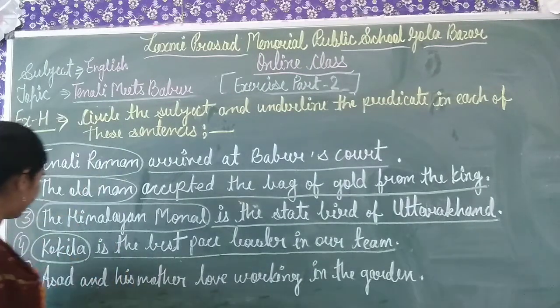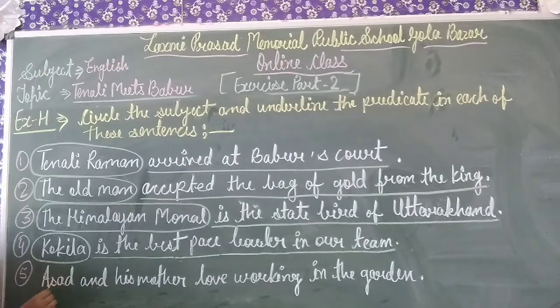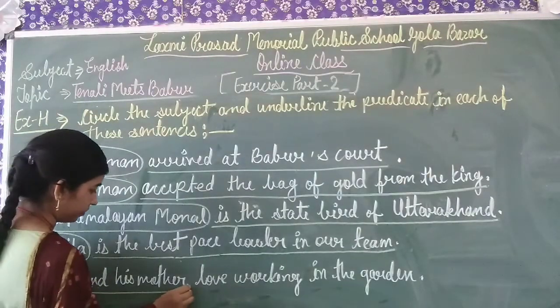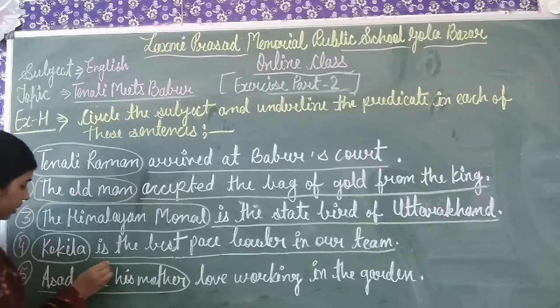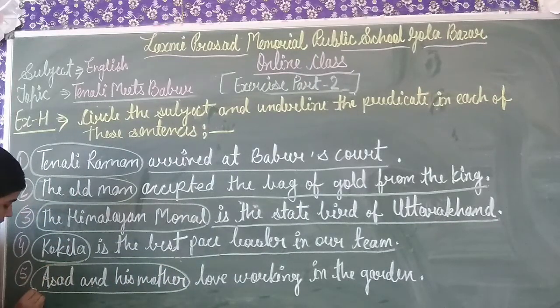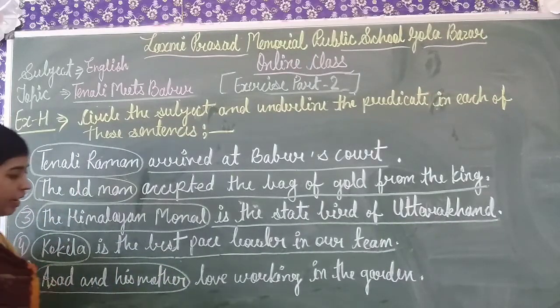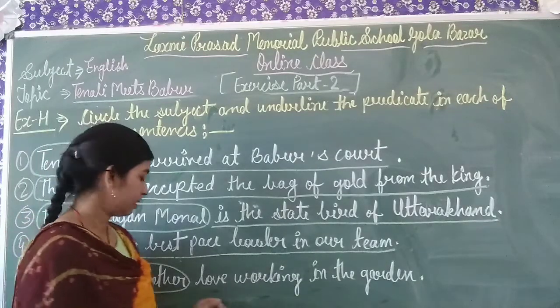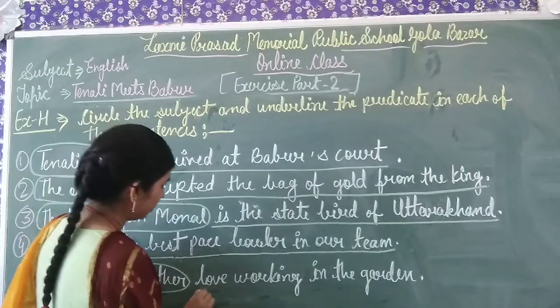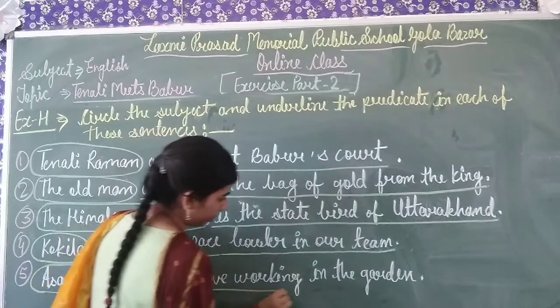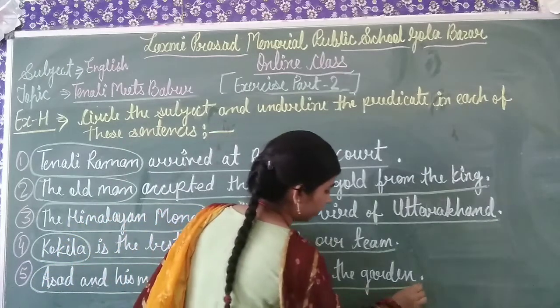So here Asif and his mother is subject. So you have to circle these words, and the remaining part, that is love working in the garden, is predicate.